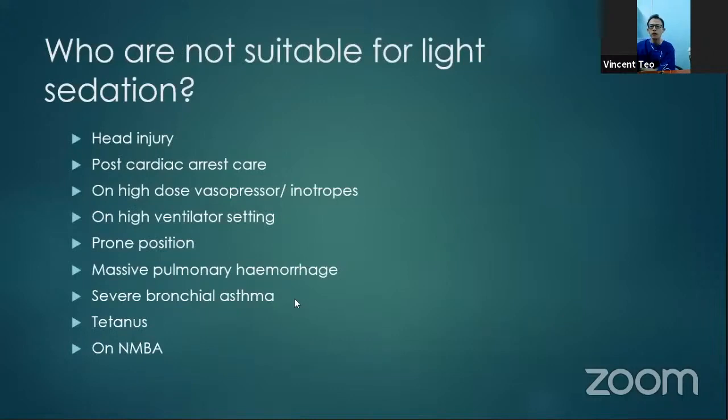So, of course, who are not suitable for light sedation? Basically, those who need deep sedation are those with head injury, post-cardiac arrest, those on high vasopressors or inotropes, those on high ventilator settings, which is very common in our COVID scenario, those that require prone position, or those who have massive pulmonary hemorrhage, or severe airway obstruction.